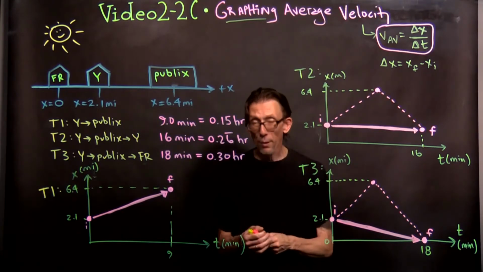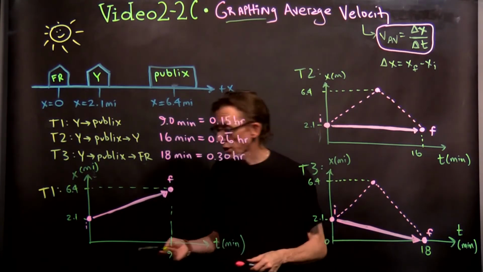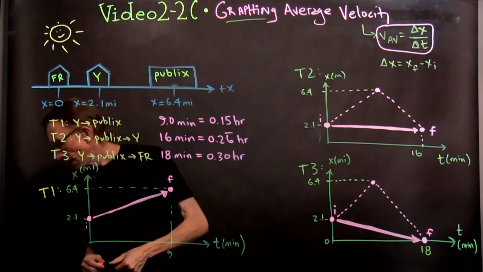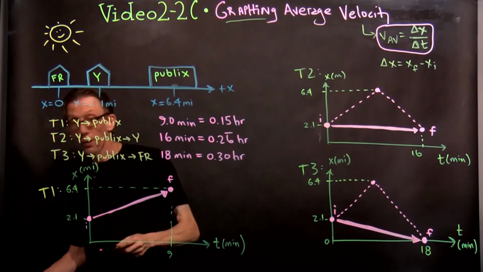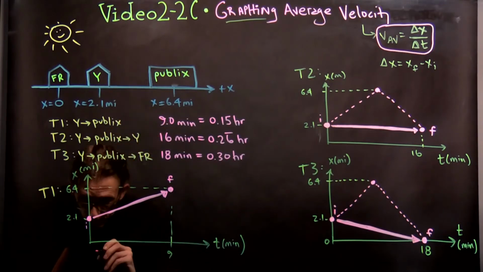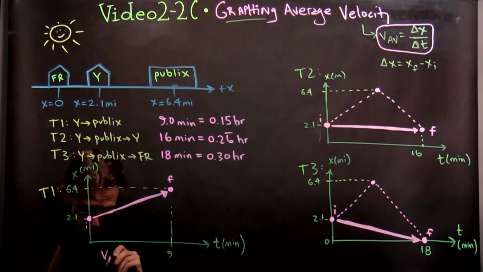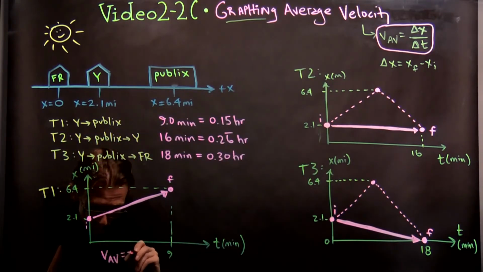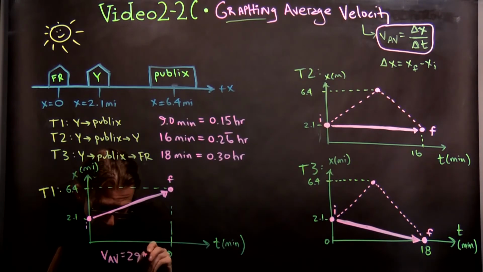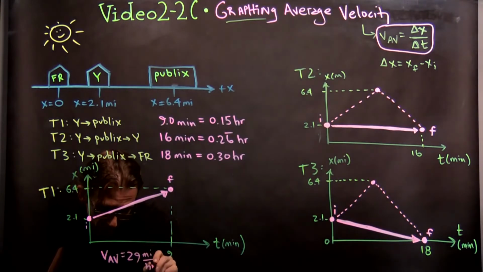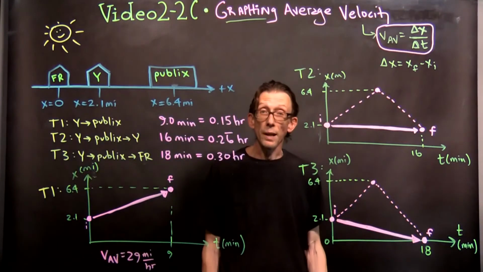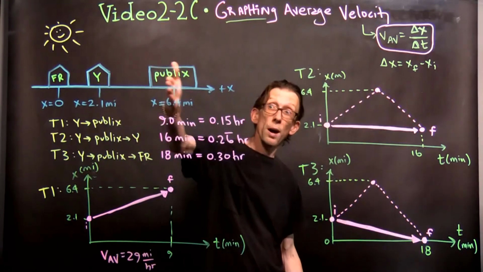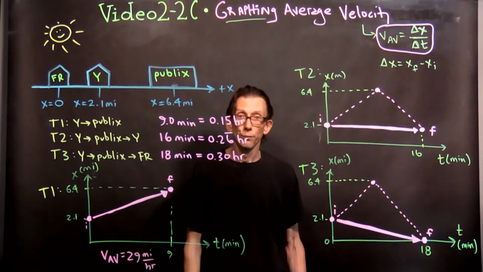I want you to remember now, go back to the previous lecture and you'll see that the average velocity for the first trip was 29 miles per hour. It's positive, meaning that you moved in the positive direction along the number line.